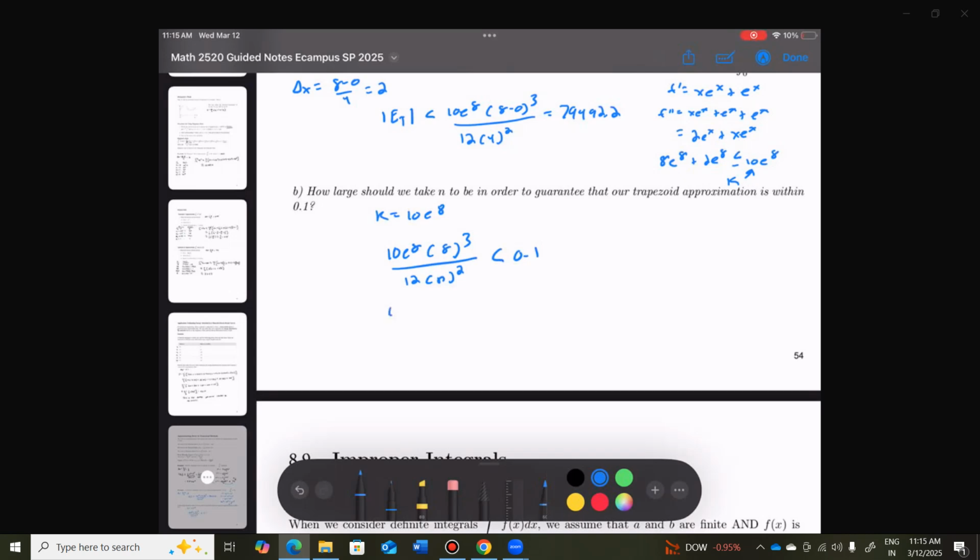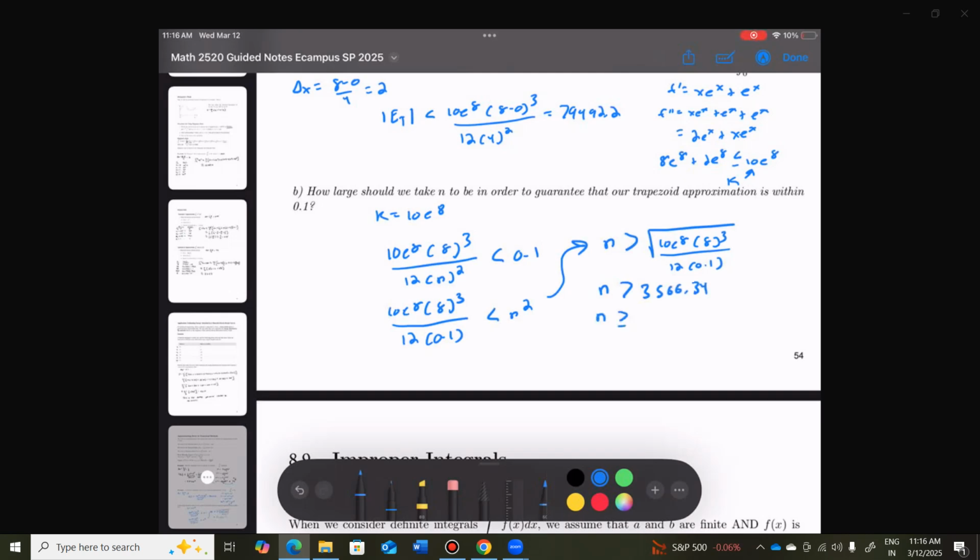So 10e to the 8 times 8 cubed over 12 times 0.1 has to be less than n squared. And so n has to be greater than the square root of 10e to the 8 times 8 cubed over 12 times 0.1, which comes out to be 3566.34. So n has to be greater than or equal to 3567.